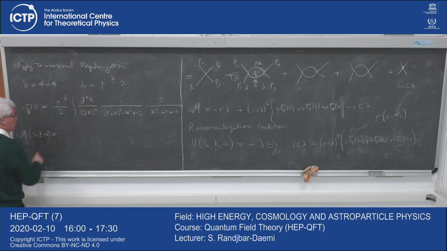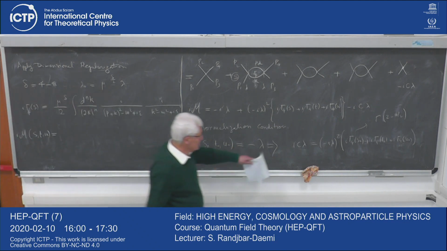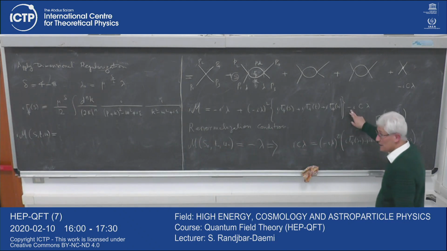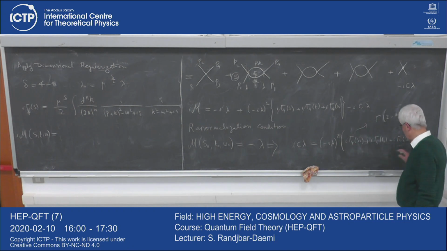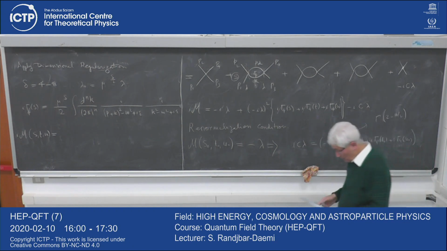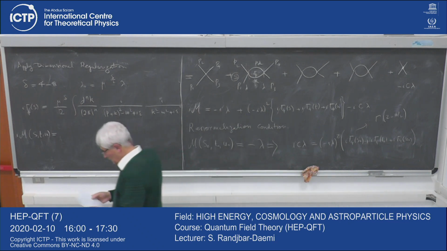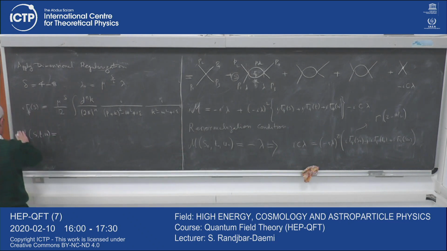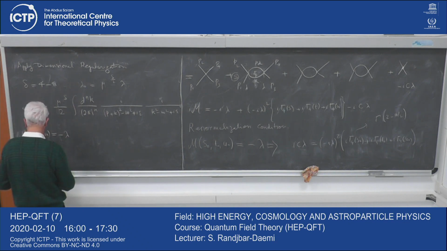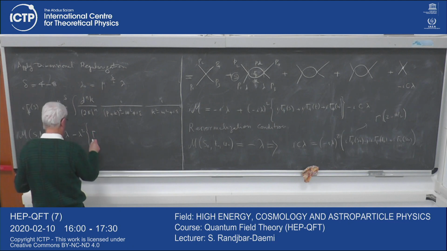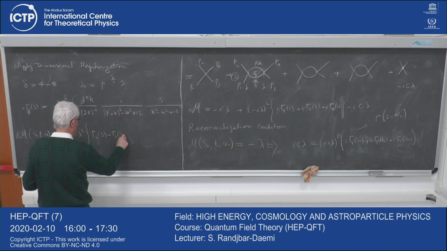So if you make the substitution, this is IC lambda, here you have a minus sign, so this whole expression will come with a minus sign, and it will give you I, minus lambda squared, comma 4, s minus comma 4 is 0.